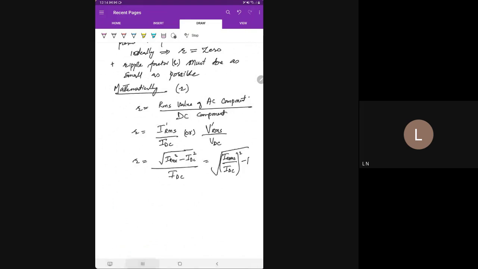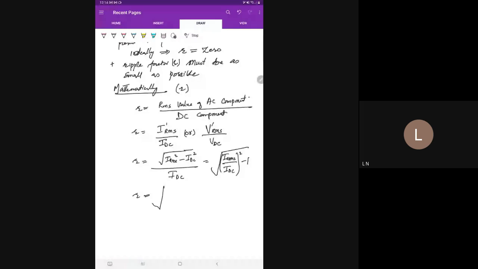The RMS value of current is Im by 2, and the DC current is Im by pi.